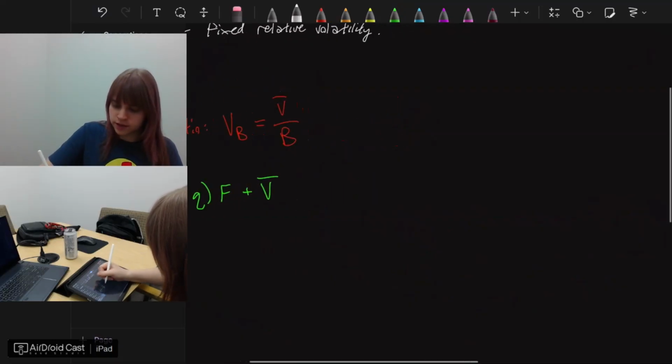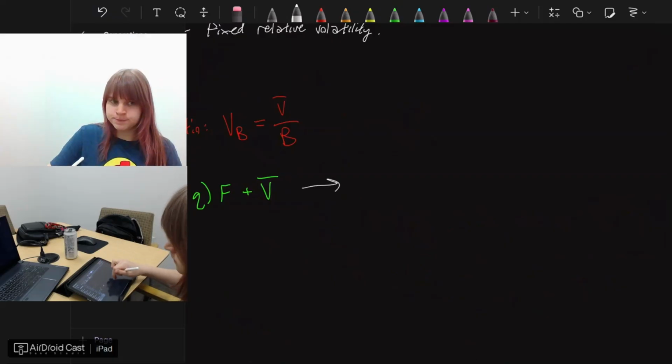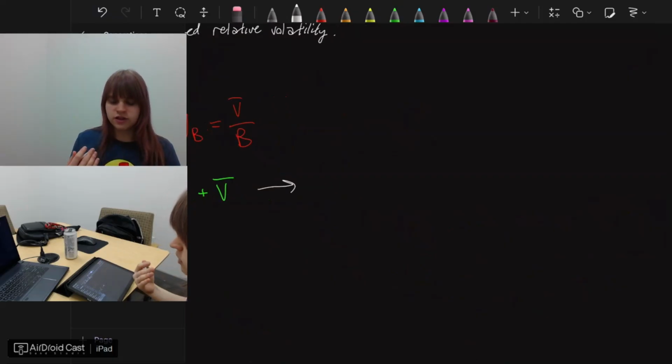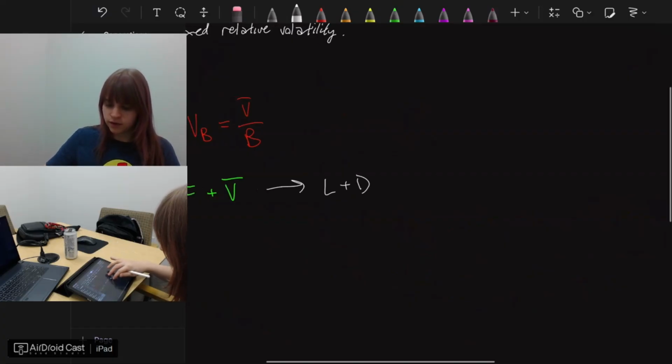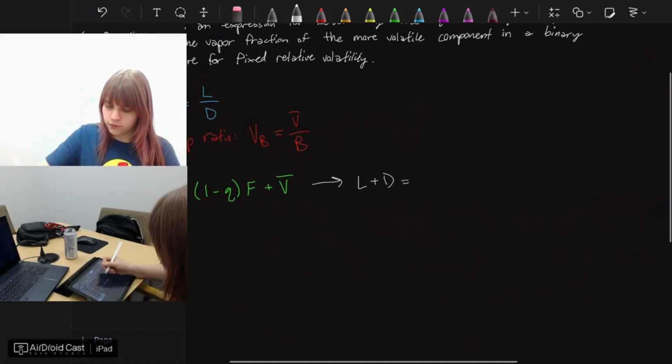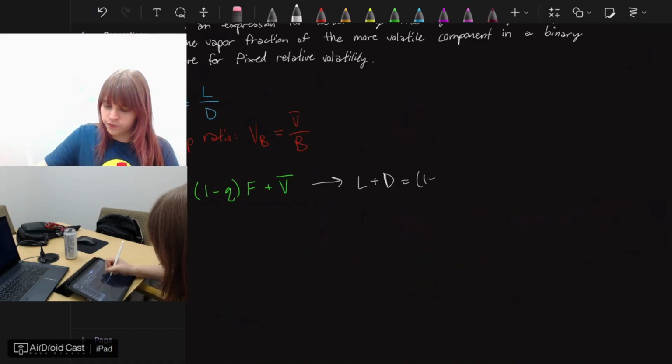And then we can take that a little bit further. We know that the vapor is equal to the liquid plus the distillate, so I'm going to write it just like that: L plus D is equal to 1 minus Q times F plus V bar.